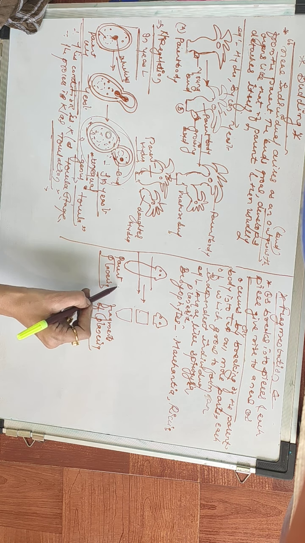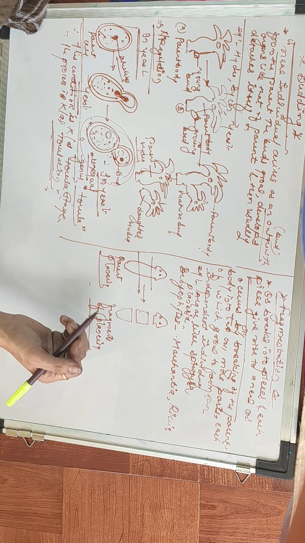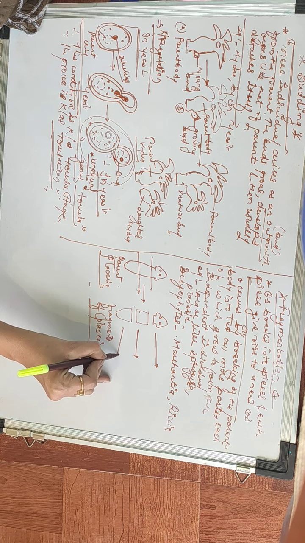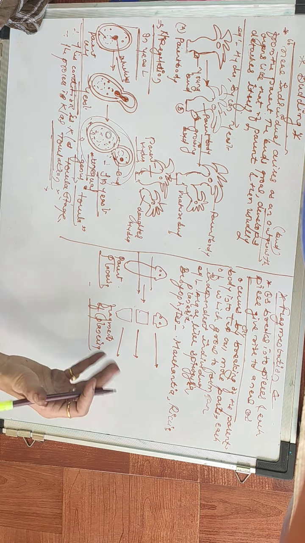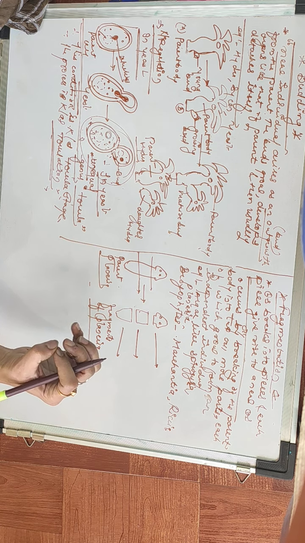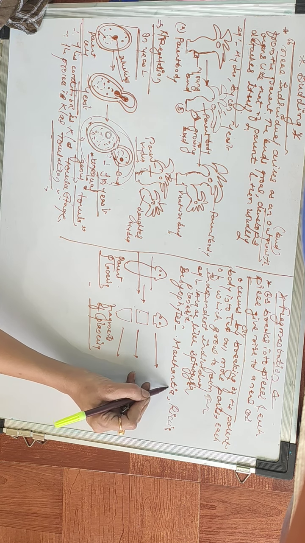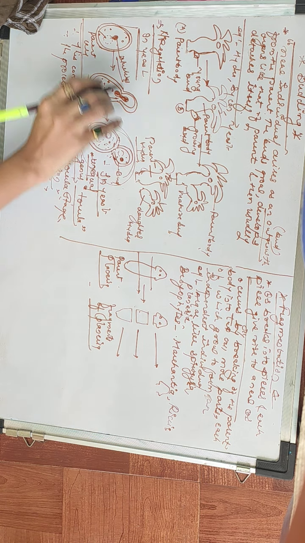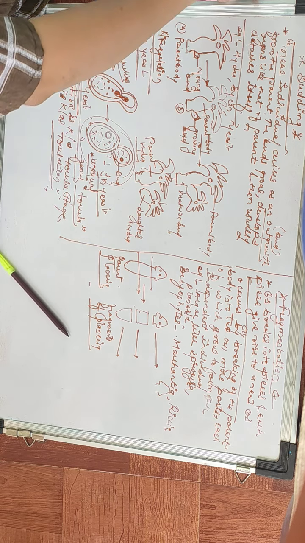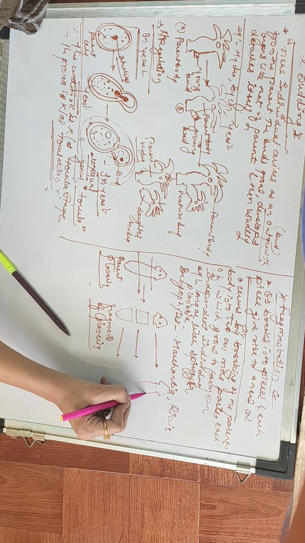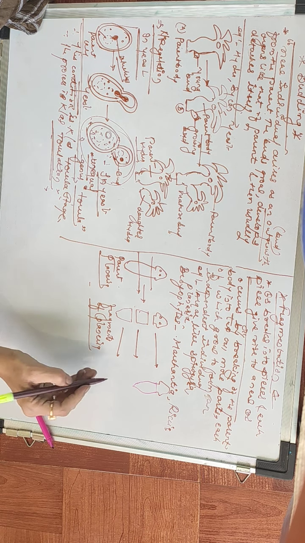Right? So the parent's body is divided into 2 or more fragments, and each fragment has the capability to form a new independent individual. For example, here, they form a new body.